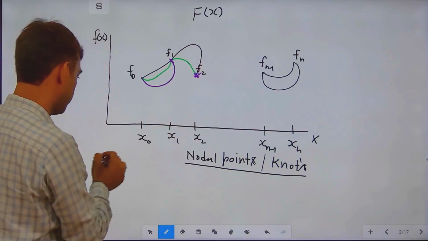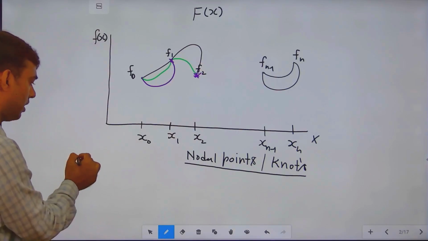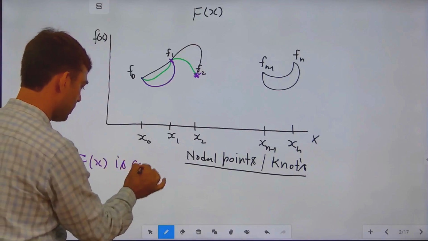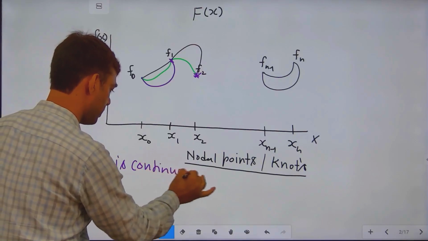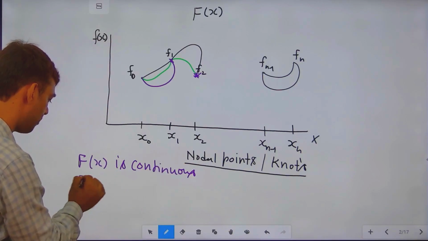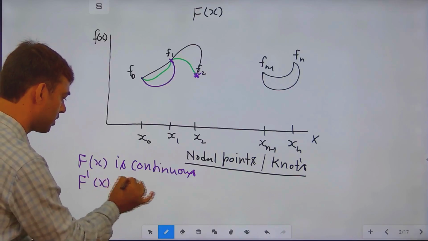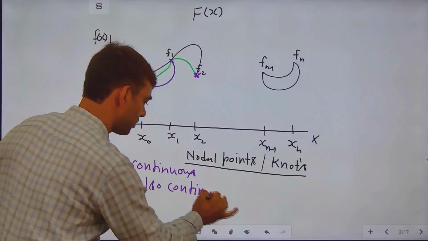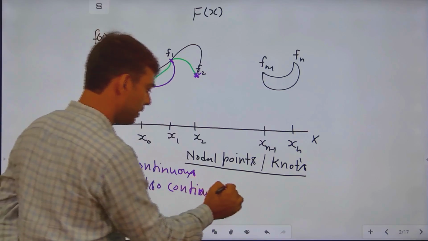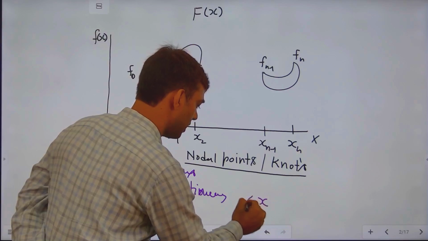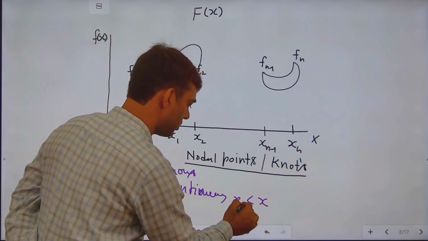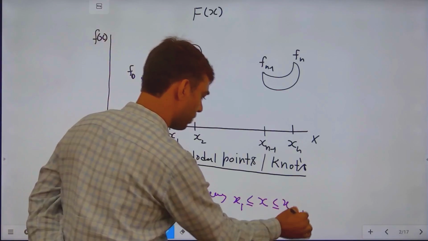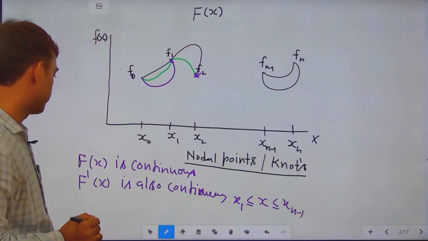Means f(x) is continuous, and f'(x) is also continuous between internal knots, meaning x lies between x1 to x(n-1), between internal knots.